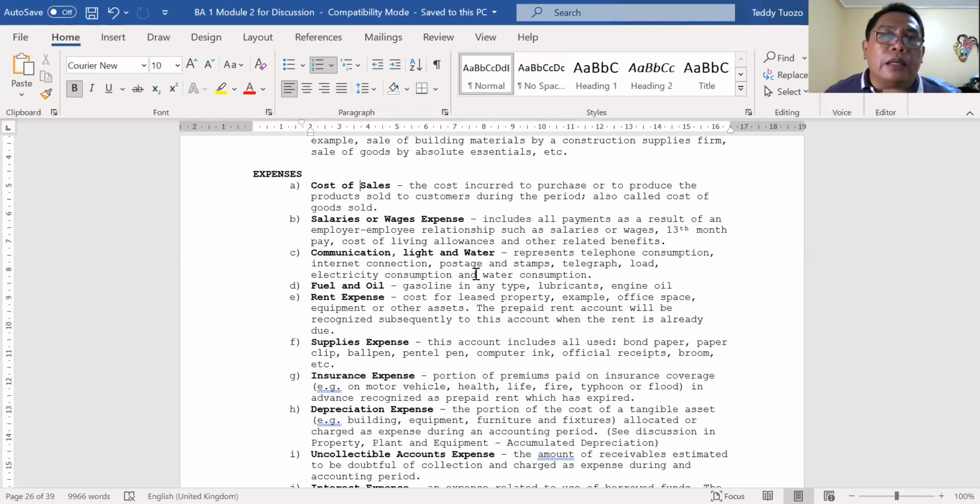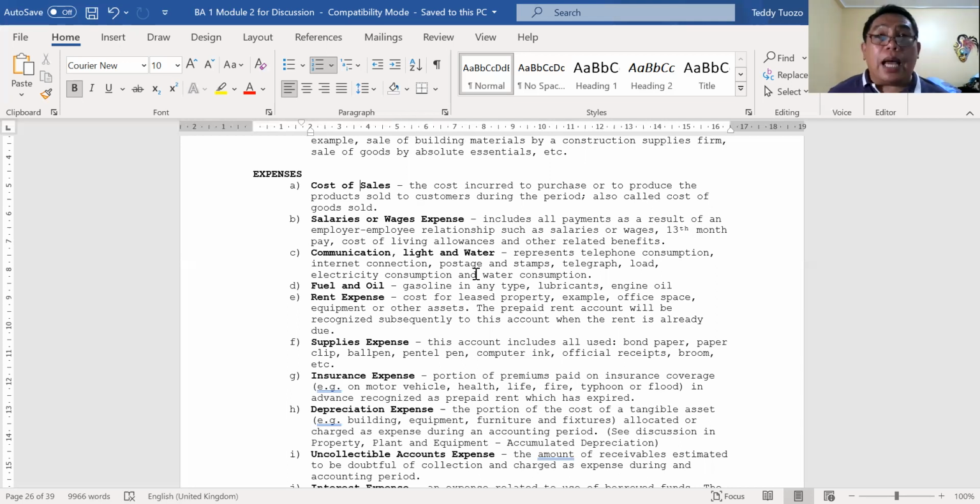Then fuel and oil, of course, gasoline, lubricants, engine oil, if you have a vehicle for the business. But you cannot use fuel and oil as an expense if you have no vehicle used in your business. You have to take note of that, that not all accounts are applicable to one business. It depends on what assets are being used by the business.